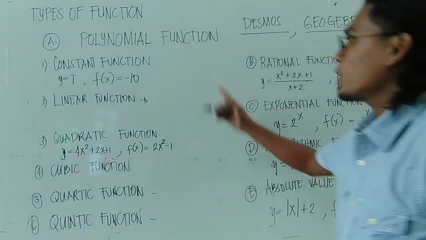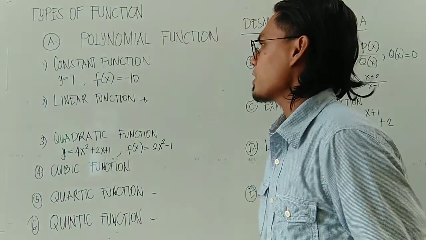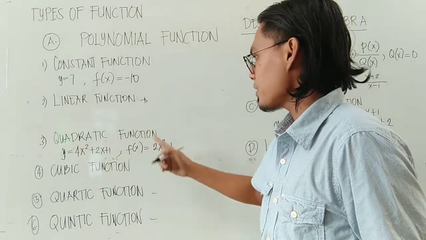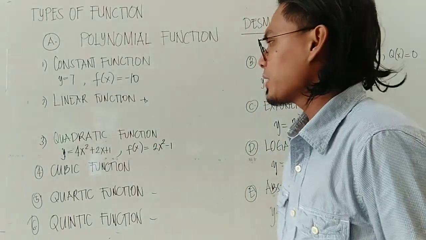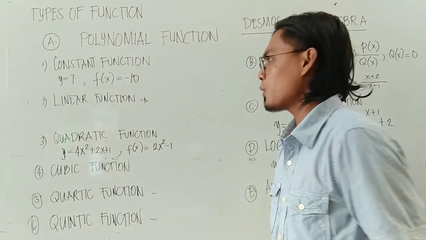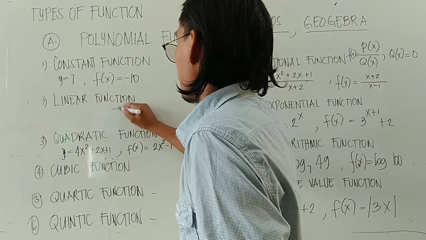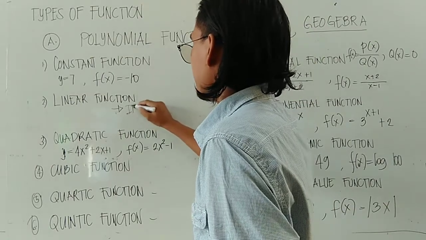Okay, so under the polynomial functions, we have the basic functions such as constant function, linear functions, quadratic functions, cubic, quartic, and quintic functions. So, na-explain ko na kanina, then natagaan na examples. So another special type of a linear function is your identity function.